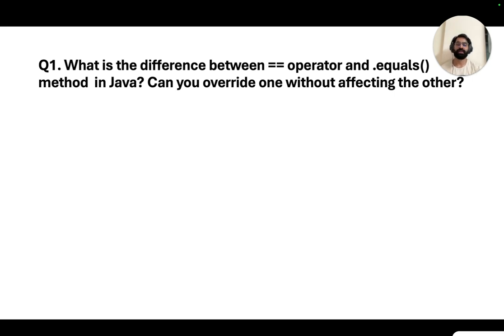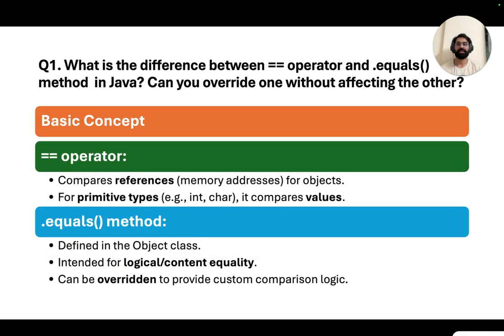For this, you can answer like this: the == operator compares the reference. Basically, it compares the memory addresses where the objects are located. Let's say you have two objects. Of course, those objects will be stored at some memory address.